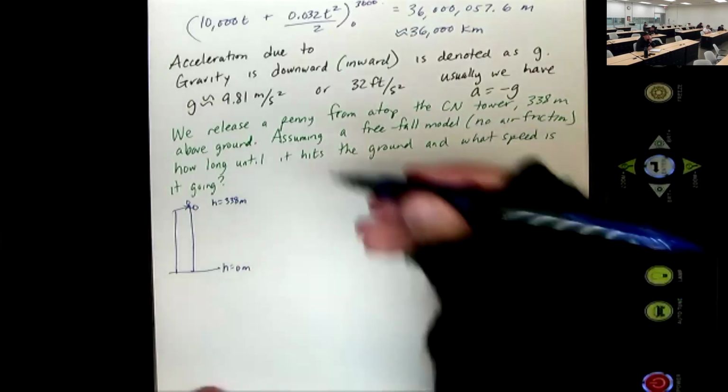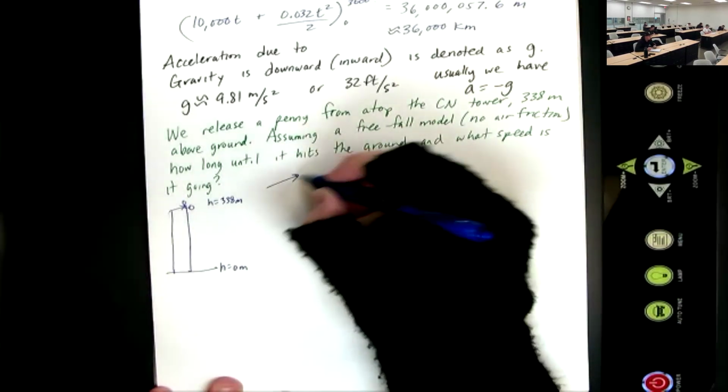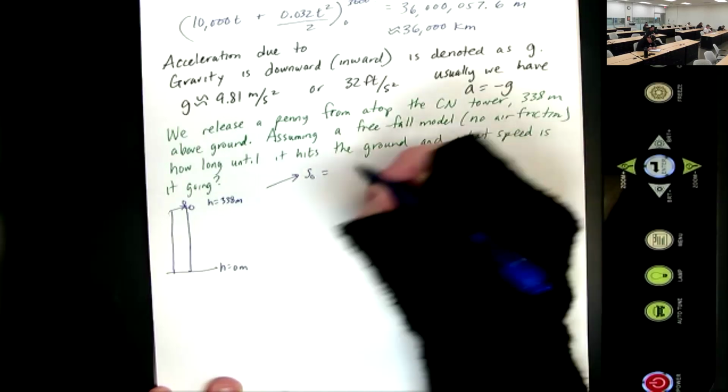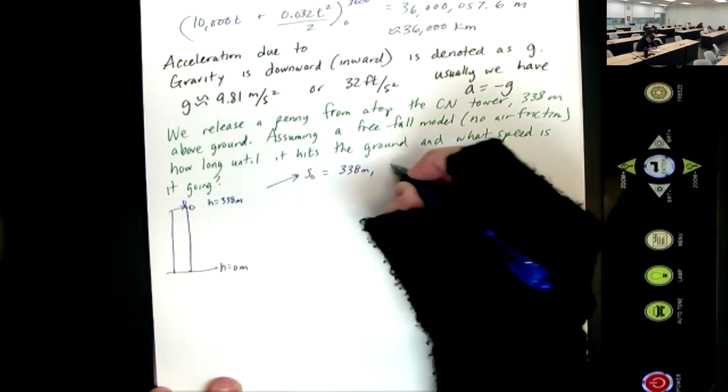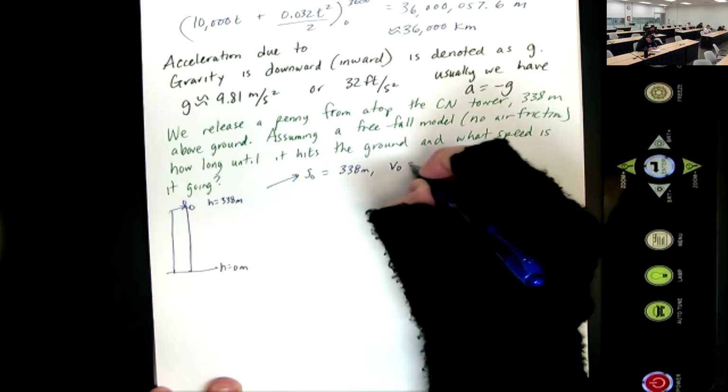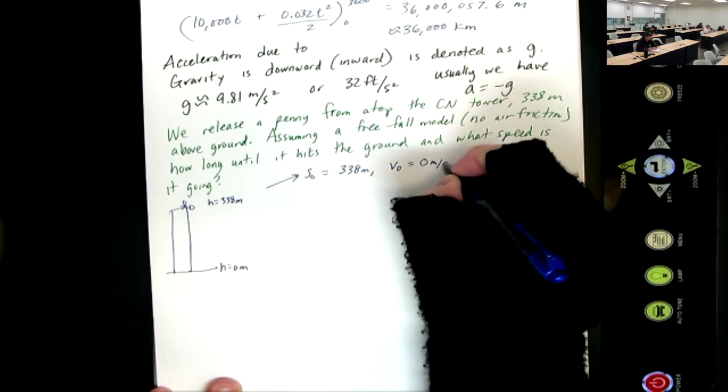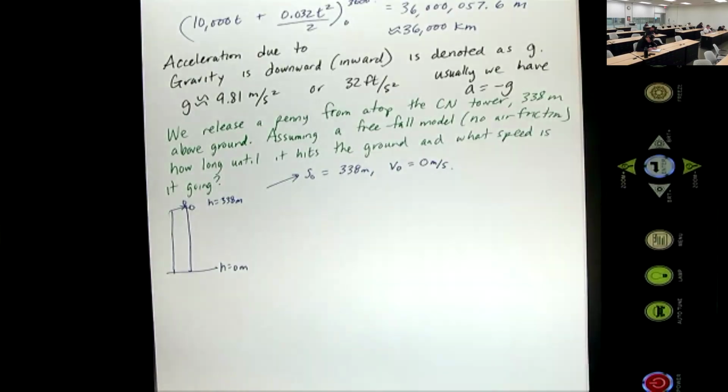If that's the case, S naught, its starting position, is 338 meters. And if I just drop the penny, the starting velocity is 0 meters per second. Make sense?